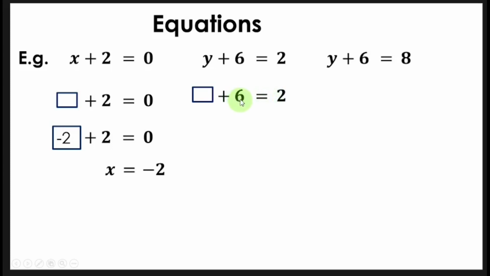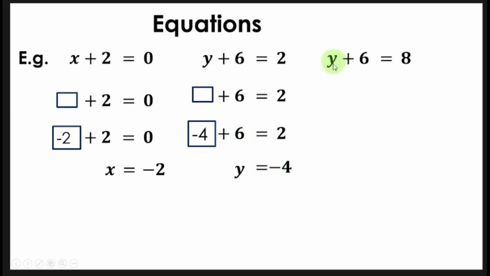We subtract 4 from 6 in order to get 2. So in our empty box, minus 4, then plus 6 equals 2. So y stands for negative 4.